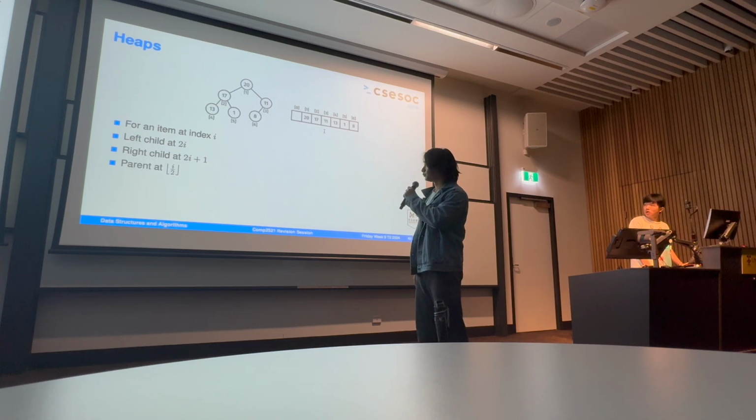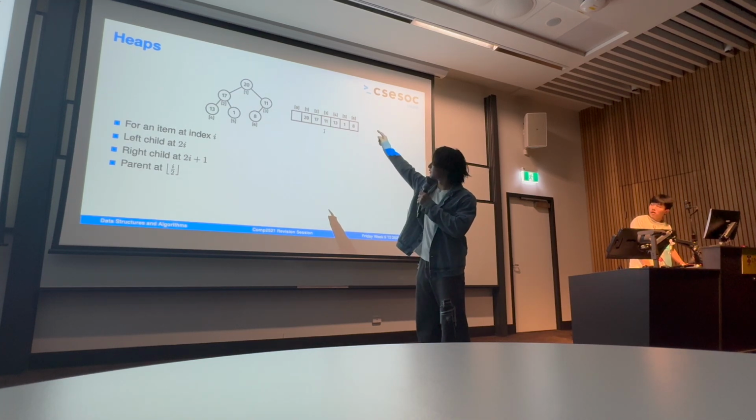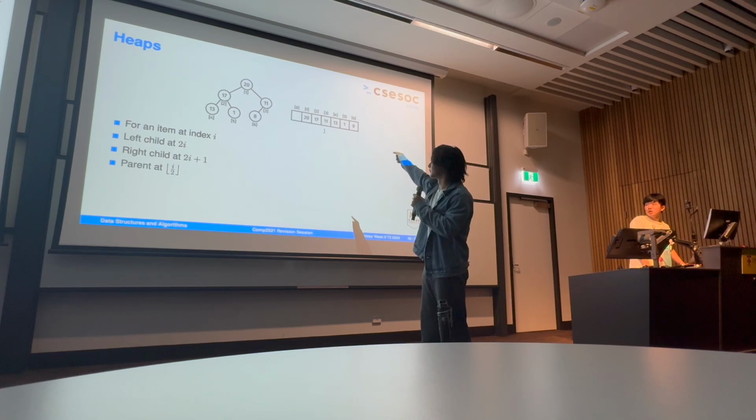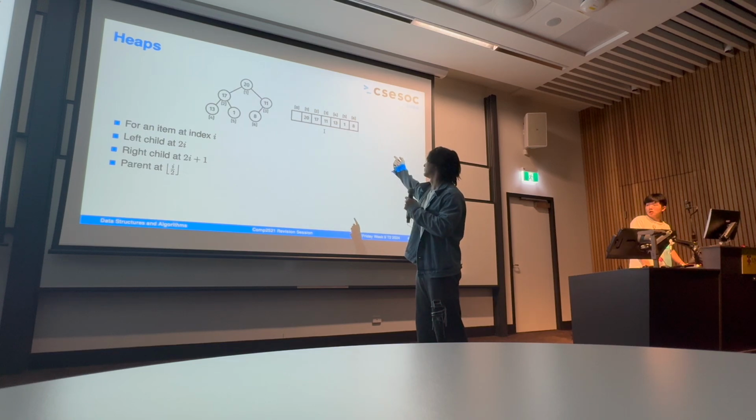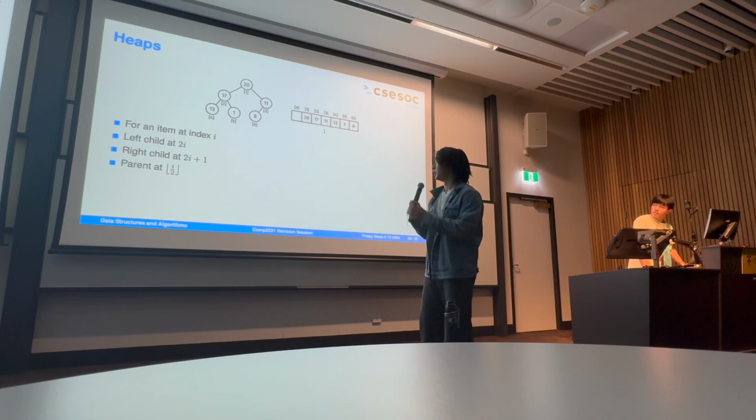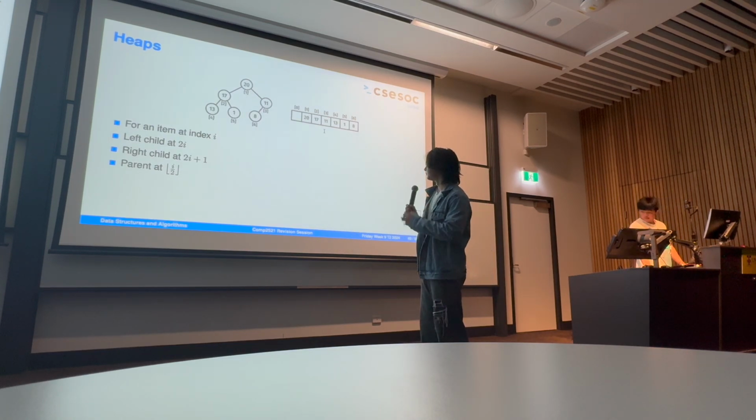But let's start at index 1. The left child of index 1, which is the root node in this case, is at 2, correct? The right child is at 2 plus 1, also correct, and you can keep going. Let's look at the parent.